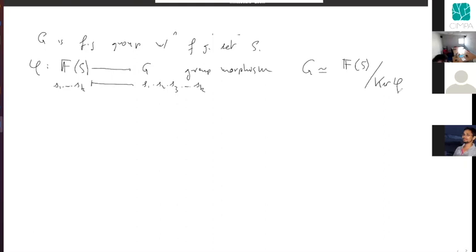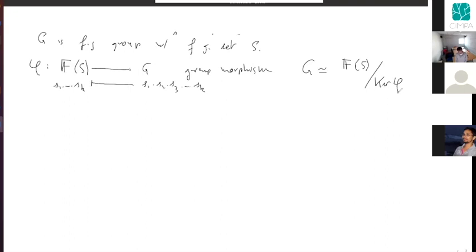That means that every finitely generated group is always a quotient of a free group. And in this sense, it makes the free groups very interesting, and we usually look at what's going on with free groups when we try to test some property or something like that.